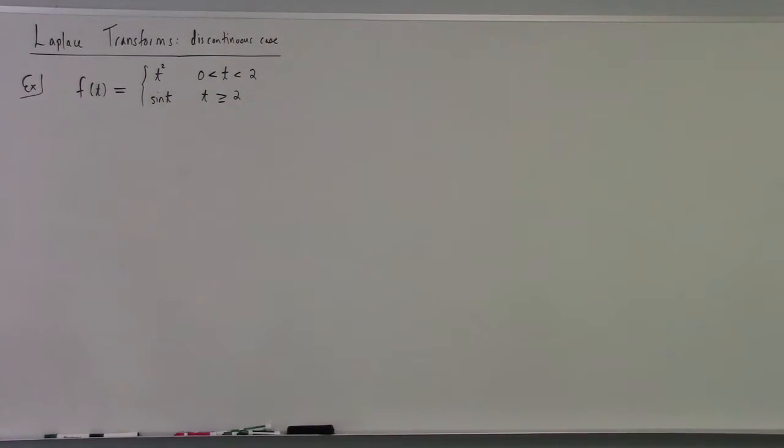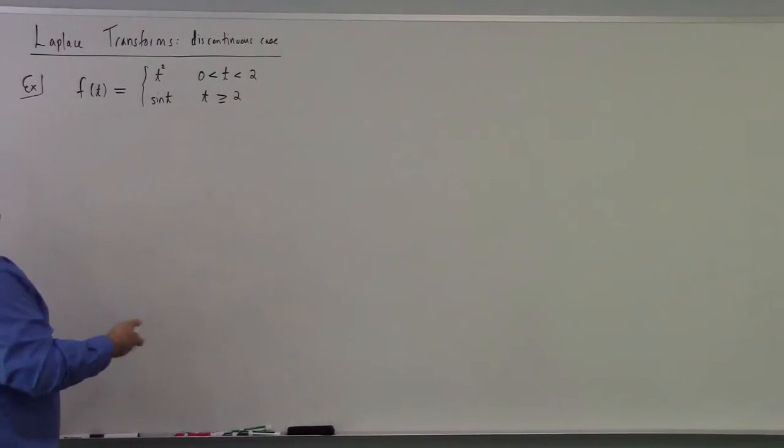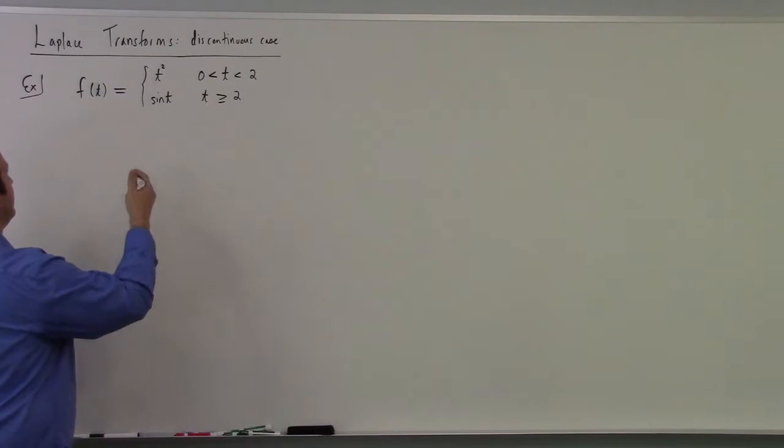So this is a discontinuous function, right? When you get to 2, t squared is 4. When you plug 2 into sine, you don't get 4, because sine is stuck between plus or minus 1. There's a jump discontinuity there. So the question is, what is a nice formula for this? Let me show you how to do it.